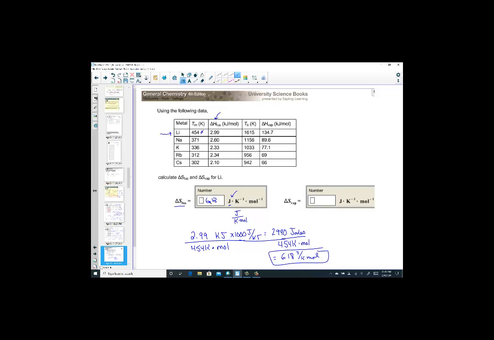That makes sense? We're going to take the heat of vaporization, but as joules, 134,700 joules. That's sliding your decimal 3 spots to go from kJ to joules.